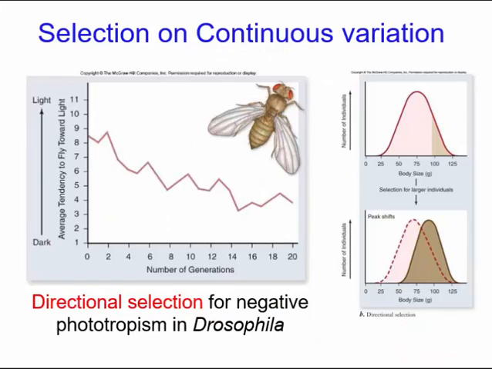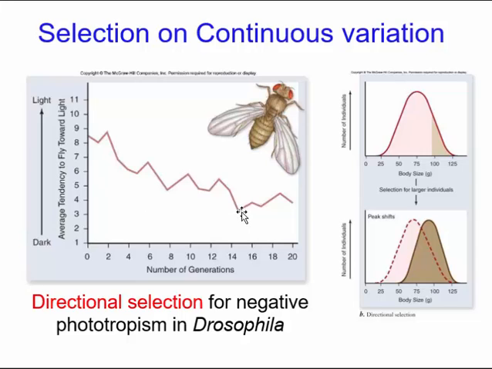And so here's some other examples of, say, directional selection. And this is an experimental study that illustrates this, where we have fruit flies and we'll put them into, say, a tube, and there's a light at one end. And if the flies work their way down the tube toward that light, we're going to take them out, squash them, remove them from the population. So you're selecting for individuals that don't tend toward the light.